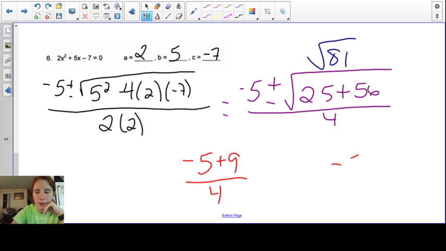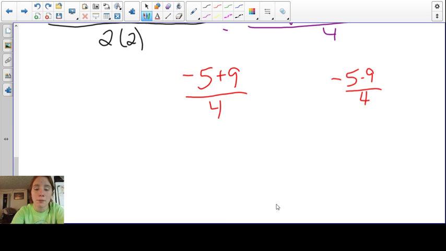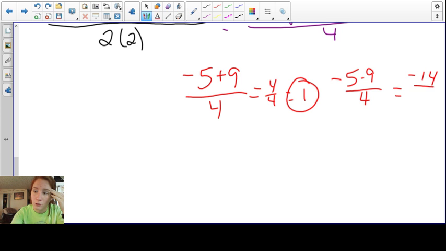I have negative 5 minus 9 over 4. Negative 5 plus 9 is going to give me a positive 4 over 4, which is 1. This is going to give me negative 14 over 4, which will not reduce, so it's just negative 14 over 4. Okay.